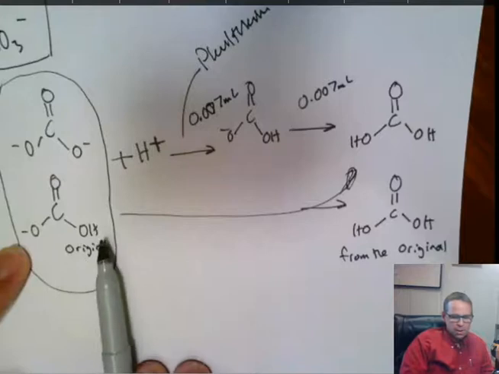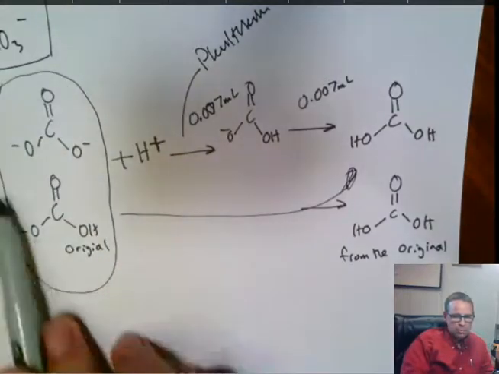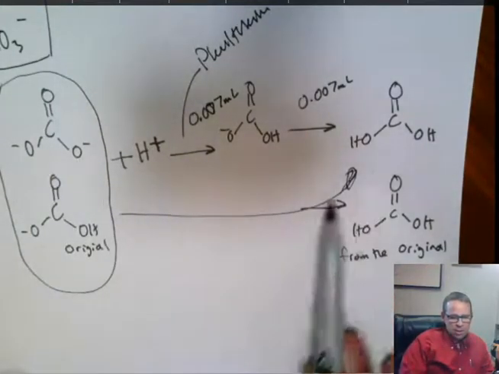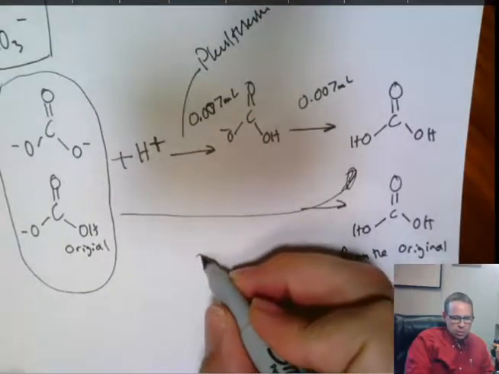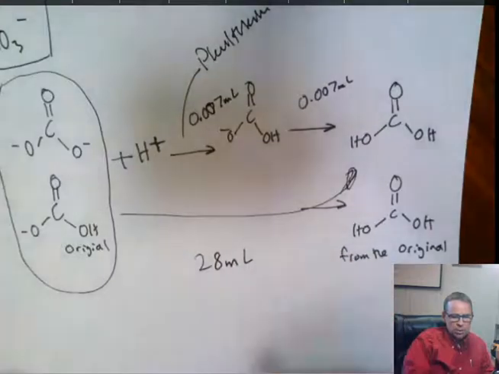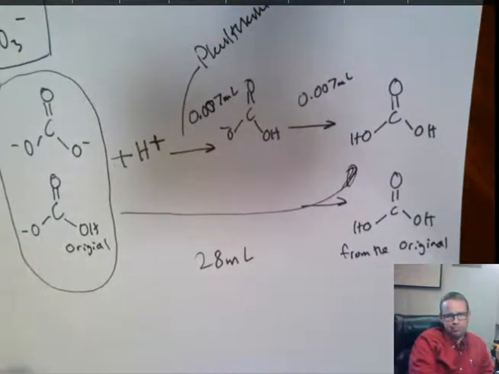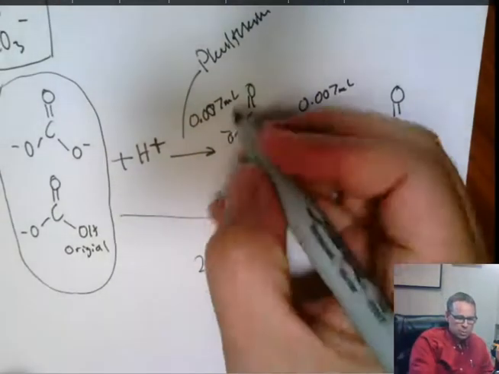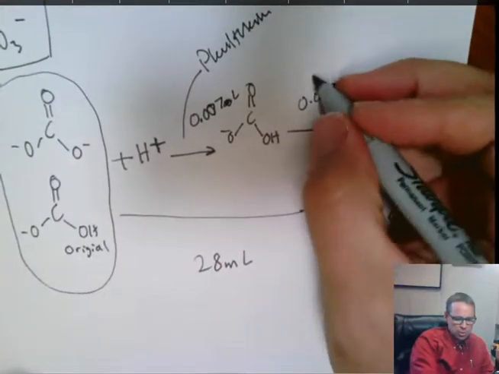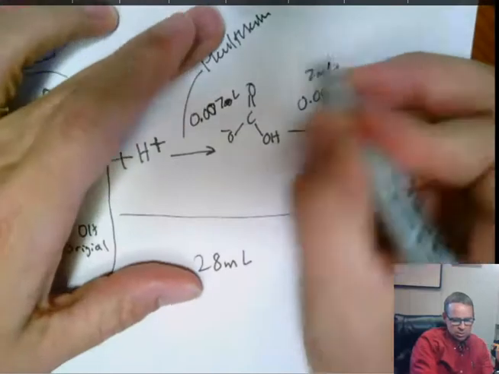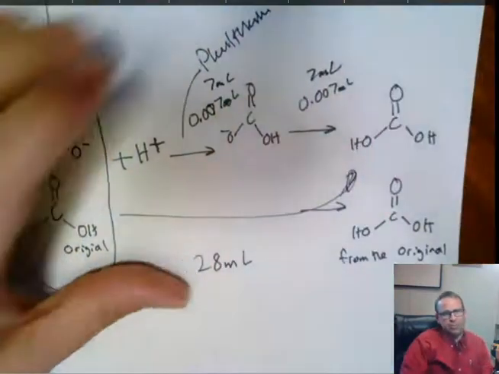So let's say, for example, to get all of this stuff to carbonic acid, it required 28 milliliters of solution. Whoops, this isn't 0.007 milliliters, that's 0.007 liters, which is the same as 7 milliliters.